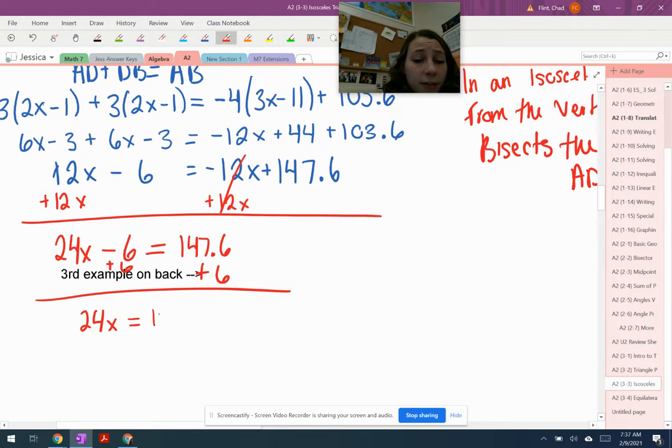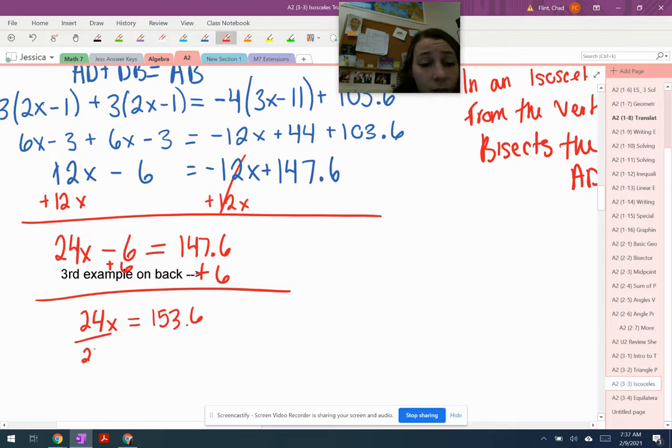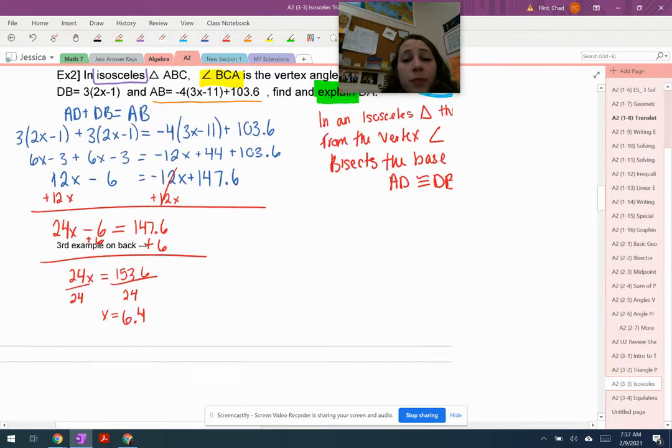So 153, this is looking sketchy. I'm a little nervous. Last step is to divide both sides by 24, and let's see if that works out to be something fabulously nice or something terribly ugly. Divide by 24 is relatively nice. X is equal to 6.4.